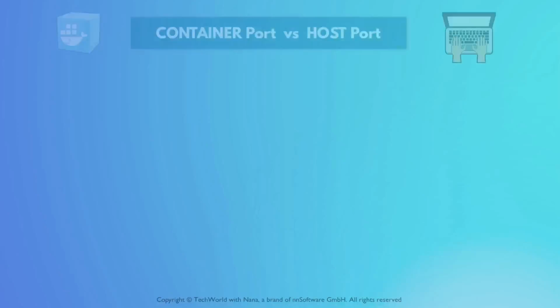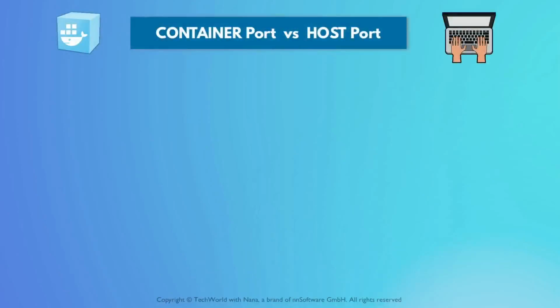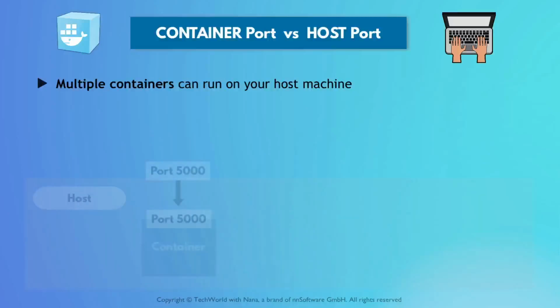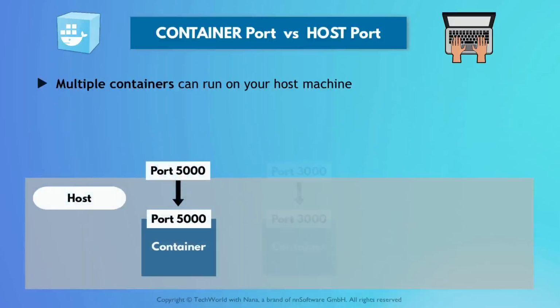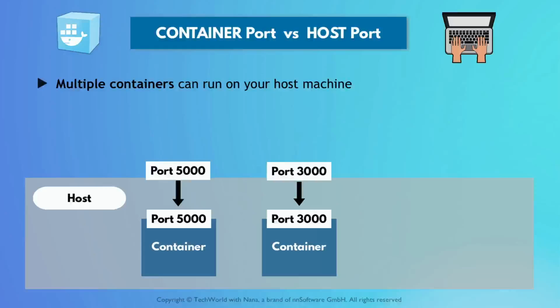To explain that, let's head over to our slide and see how this works. As you know, a container is just a virtual environment running on your host. And you can have multiple containers running simultaneously on your host, which is your laptop, PC, whatever you're working on. Your laptop has certain ports available that you can open for certain applications.